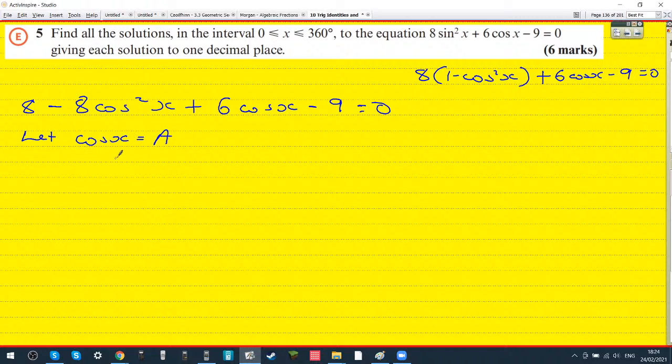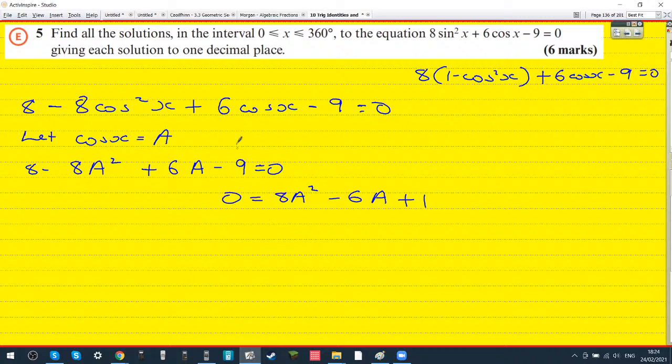So 8 minus 8a squared plus 6a minus 9 equals 0, and then rearrange to get 8a squared minus 6a plus 1. Well done. And then you just solve it from there.